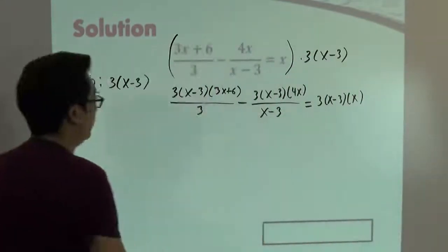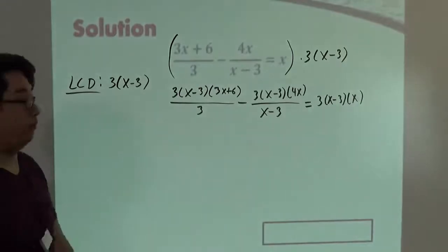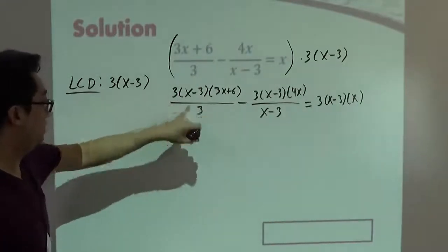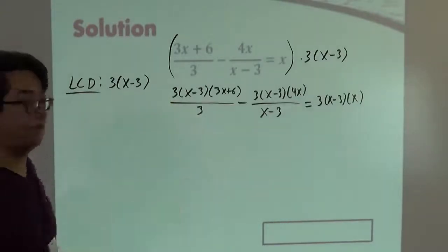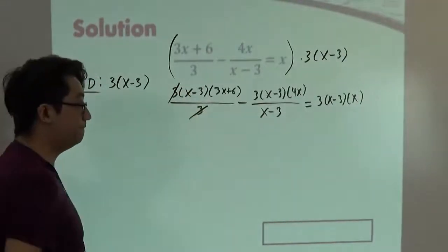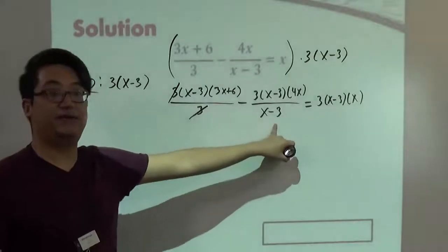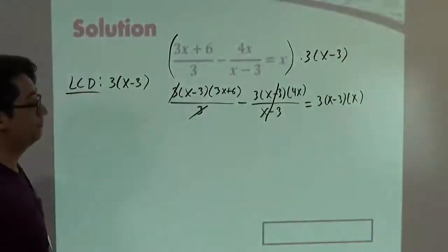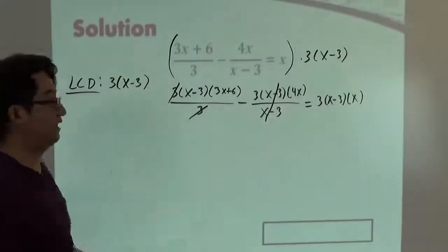Before I try to FOIL, I want to see what I can cancel first. For the first fraction, I can divide 3 by 3 and cancel. My second fraction has x minus 3 on top and bottom, so I cancel them. I can't do anything with my last term, so I'll leave it as it is.